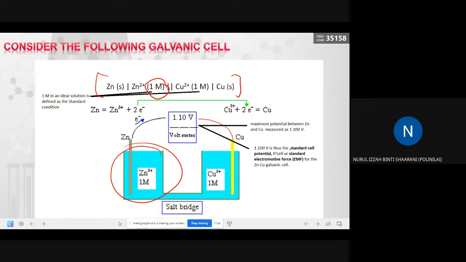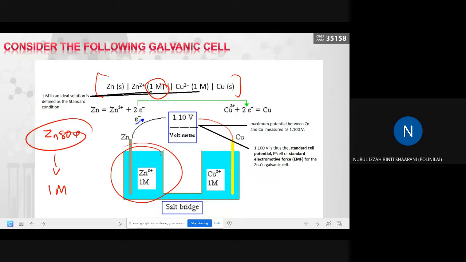Biasanya dekat dalam practical class, kalau yang macam galvanic cell punya eksperimen hari tu, sepatutnya kita akan buat zinc, solution dia zinc sulfate, ZnSO4. So kita akan prepare solution ni dengan kepekatan 1 molar.